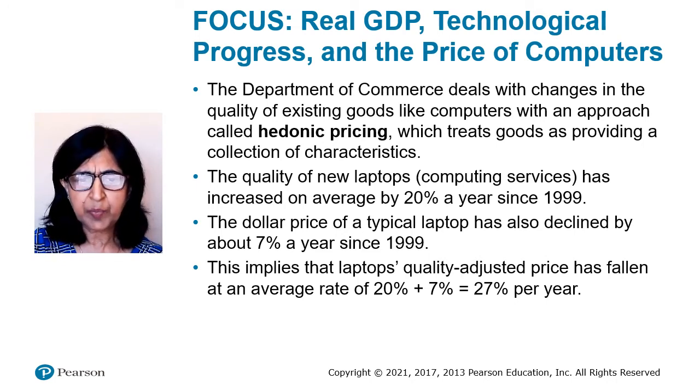The dollar price of a typical laptop has also declined by about 7% a year since 1999. This implies that laptops' quality-adjusted price has fallen at an average rate of 20% plus 7% equals 27% per year.